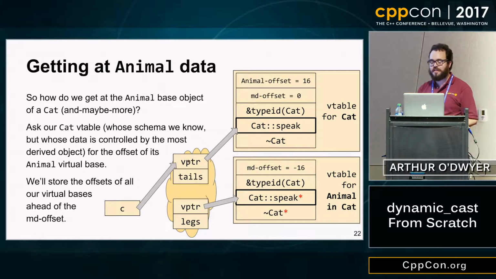Remember, this v-pointer points to a vtable which is controlled by the dynamic type, by the most derived type, and it knows everything about this object by definition. Because it is the most derived type, it's the type that was actually constructed here. This is the object we actually have that we will actually destroy later, and so it knows everything about itself, such as where its virtual bases are located, and it can expose that through the vtable.